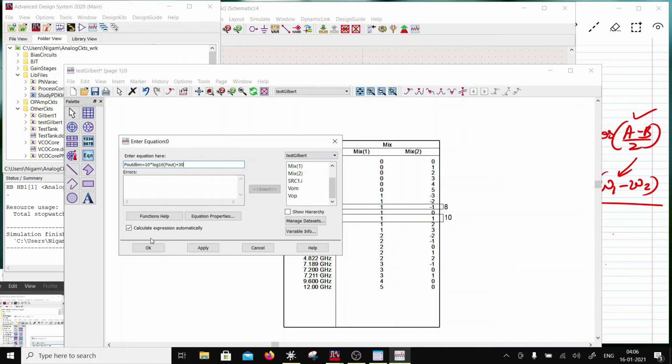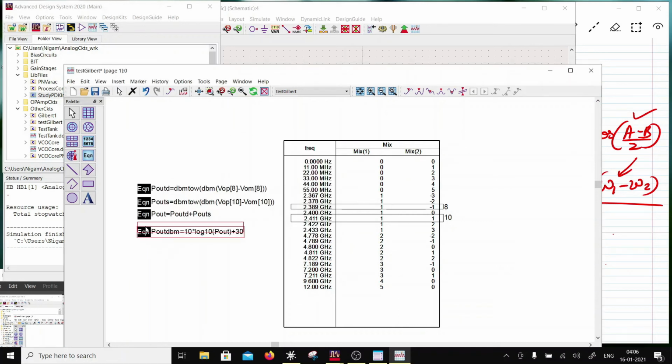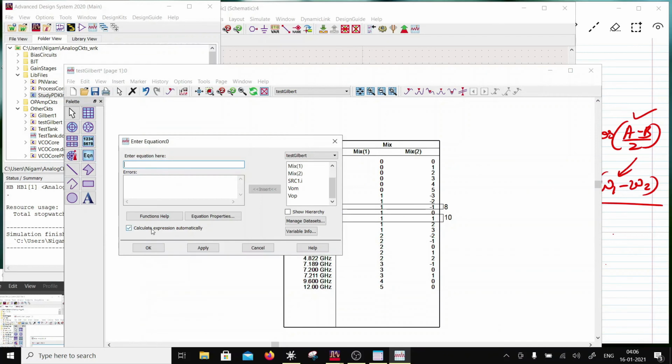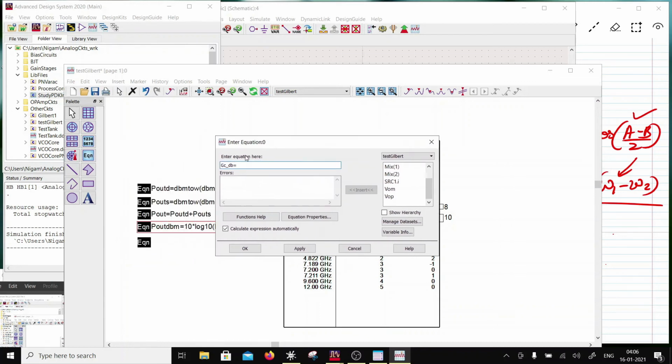So this will be P out in dBm, right? And conversion gain will be this minus the IF power. So conversion gain G in dB. So I will say GC in dB is going to be equal to P out dBm minus IF power.